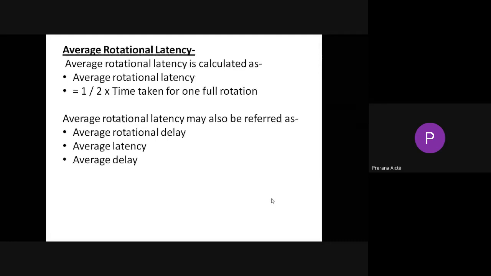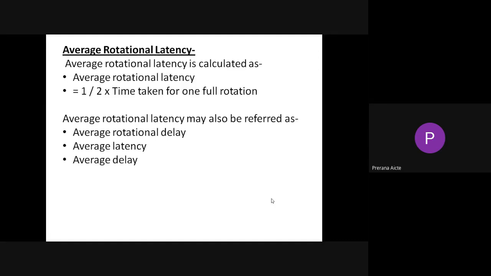It is calculated as 1/2 of the time taken for one full rotation. Average rotational latency may also be referred to as average rotational delay, average latency, or average delay.